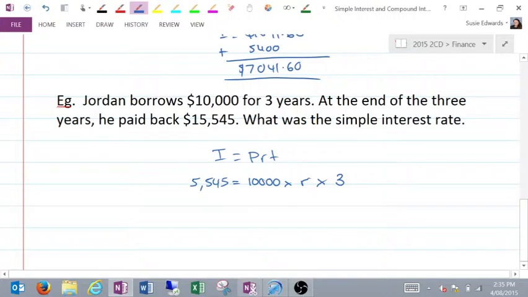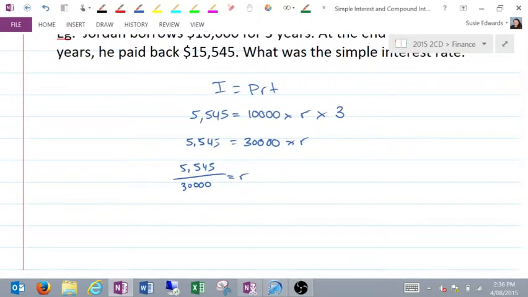Everyone see to there? So the only tricky bit about this is we need to be able to do some algebra skills. So if we go 10,000 times 3, what's that equal? 30,000. Perfect. Percent.